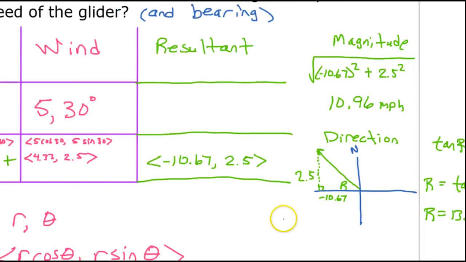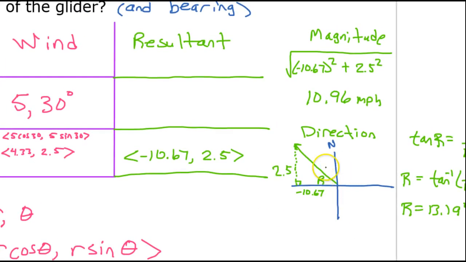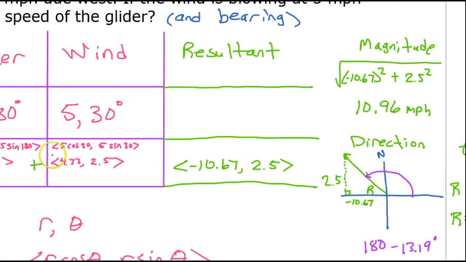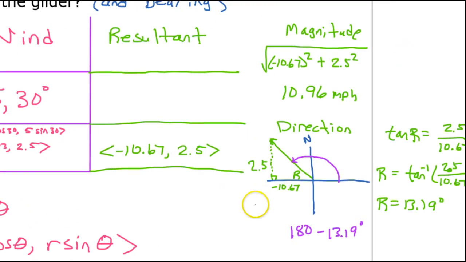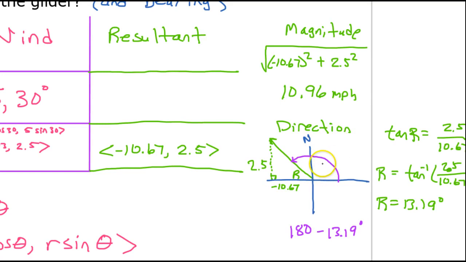Okay. Now, if we measure this as an angle that begins from east, then we would have to do 180 degrees minus 13.19. And normally when we're doing a chart like this and we're doing r, theta, magnitude and direction, this is the kind of direction that we use. We just measure from east.